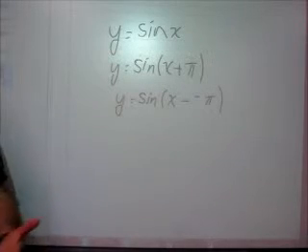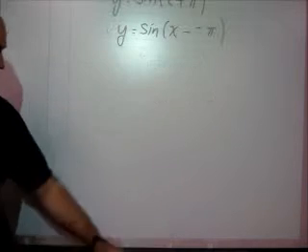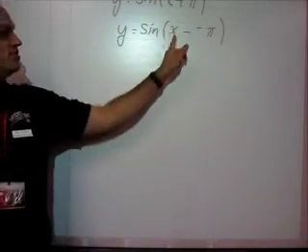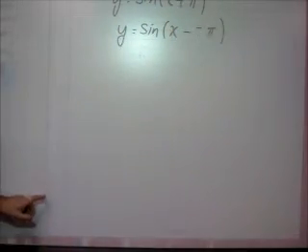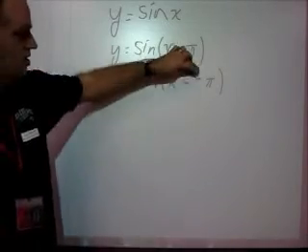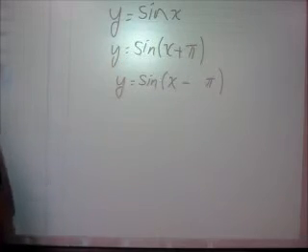So if we do minus pi, x plus pi is x minus negative pi. Right, but what if I do minus pi? Let's find out. Let's do x minus pi and see if it looks any different.